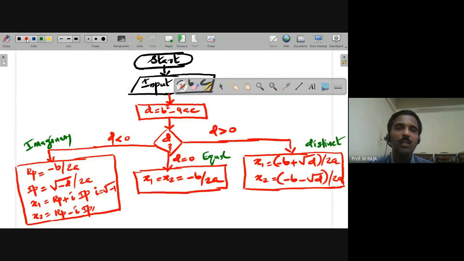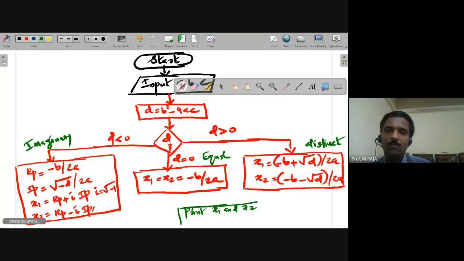So here we need to combine all these things. For example, here I write print x1 and x2. Print x1 and x2 after this computation.